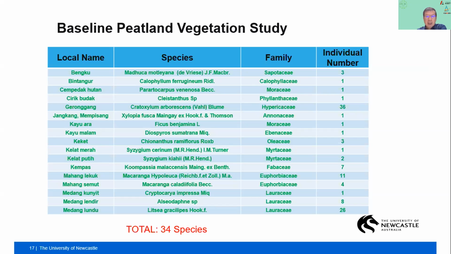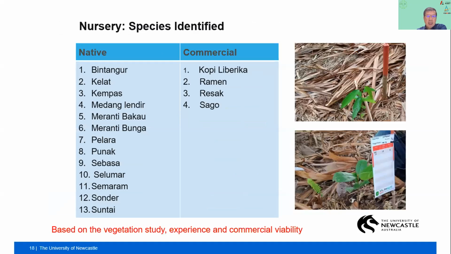And from there, we took at least 13 species out of that 34, selected because they are hopefully fast growing. Also some commercial crops, as we mentioned, to provide some sustainable living income for the communities to return back to the area.